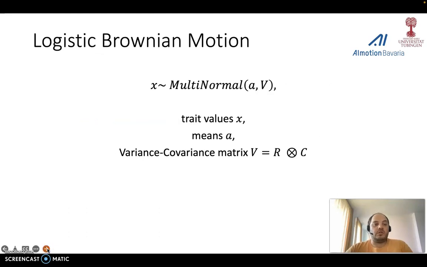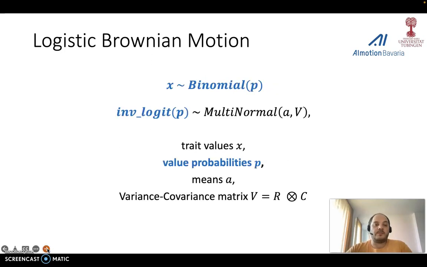The model we were using was a logistic Brownian motion model. Brownian motion is a model that can be used to model the evolution of continuous traits, where the length of the evolutionary process determines the variance of the trait values, and the relatedness of the species or families and the traits determines the covariance of the values.